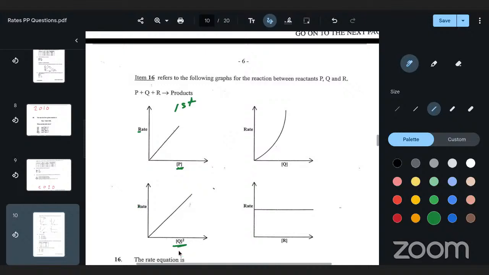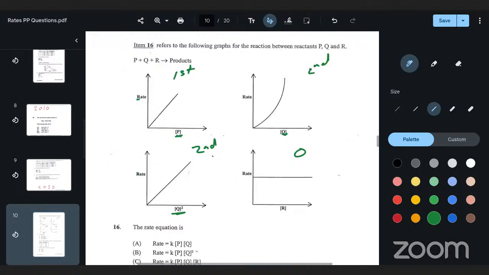So when rate is proportional to the square of the concentration, which order is that? Second. Right, second order. So this one is the square of the concentration. This one is just the concentration. And this one is 0.